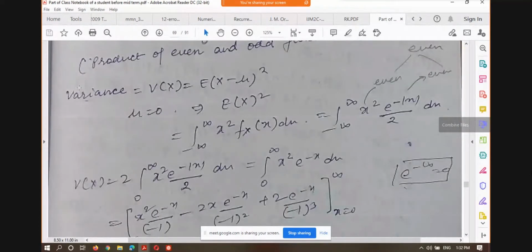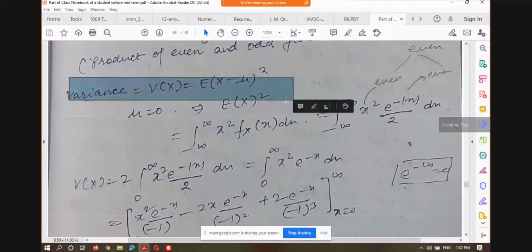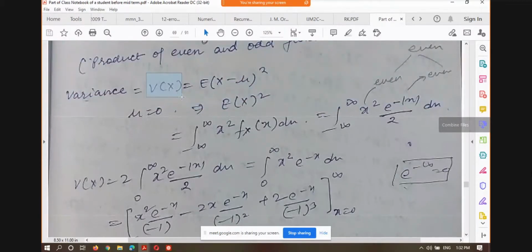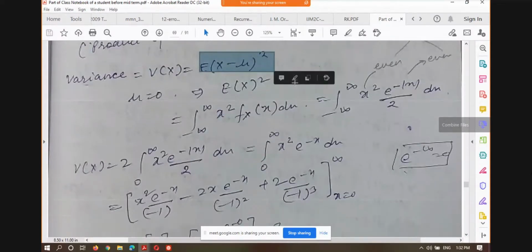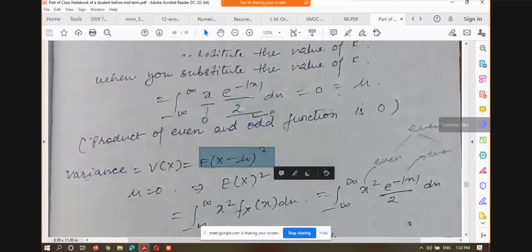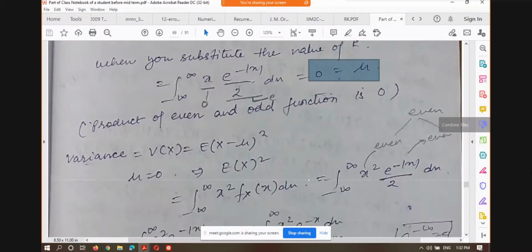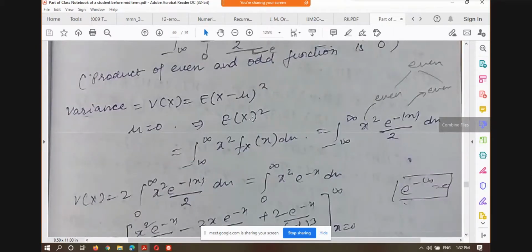Now we try to calculate the variance. To calculate variance, we have this formula. Variance of x is actually the expectation of x minus mu whole square. So instead of calculating this, because we have already obtained the expectation of x, which turns out to be 0, if somehow we calculate the expectation of x square, then we can calculate the variance.